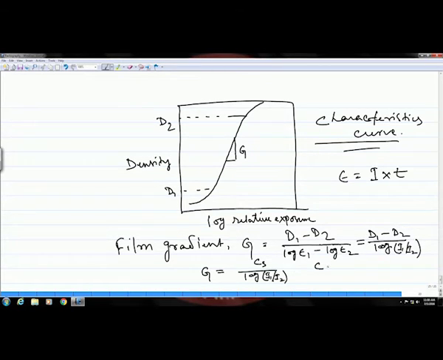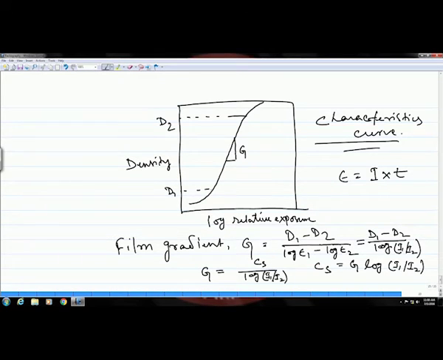Or C s can be written as this in terms of G. Okay. So, this is a very important parameter for a film. For a good quality image, you need a high gradient.